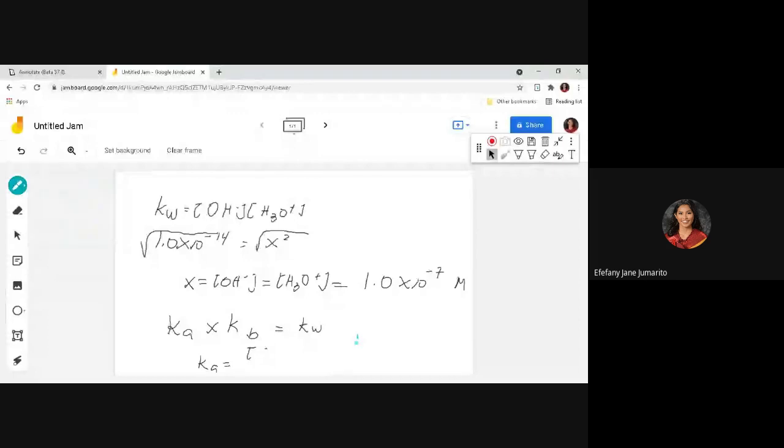If we have HA plus H2O, what will be the product? The product will be H3O plus and A minus. So your Ka there will be H3O plus times A minus over HA. So that will be your Ka.